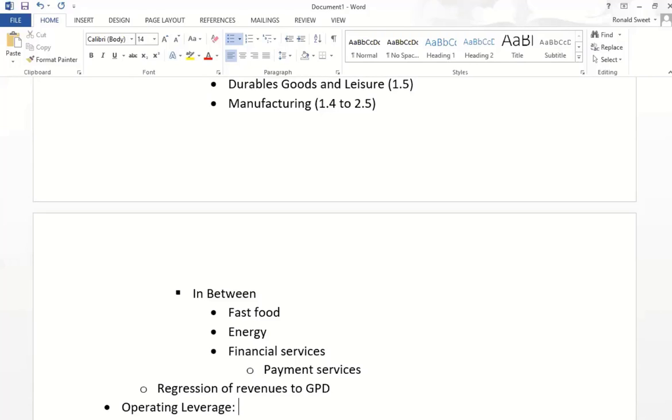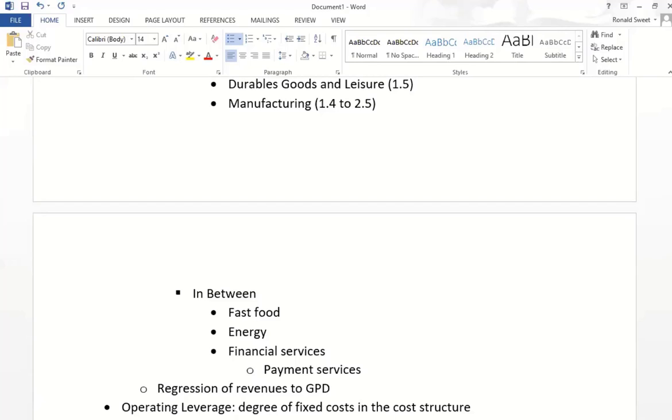Operating leverage, we're looking at the degree of fixed cost, the cost structure. And here, you want to do two things. One thing you want to do is have a subjective discussion about your company. Just think about the cost structure of your company and how much fixed cost there is.